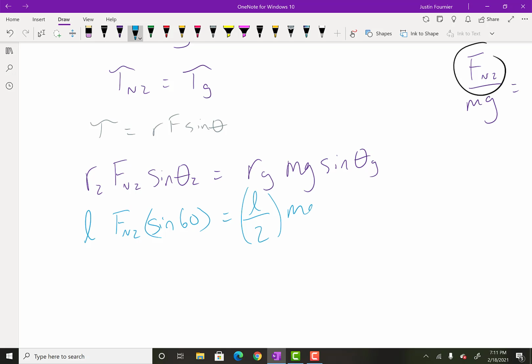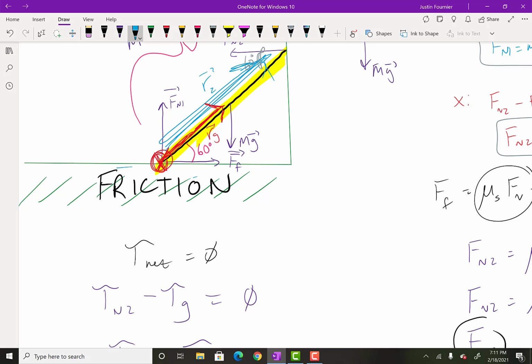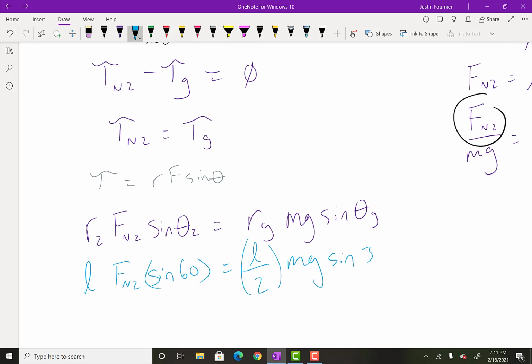And then mg, that stays the same, sine of what's the angle? Well, hopefully you can see I can draw this right triangle here, and that basically tells me if this is 60 degrees, then this angle here between the r vector and the mg vector is going to be 30 degrees. Almost done. So this is sine of 30.